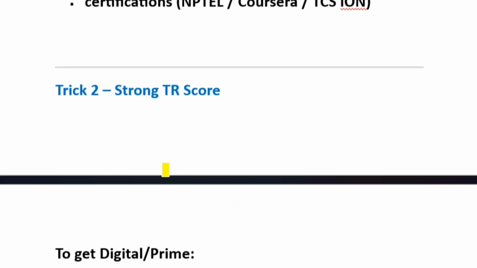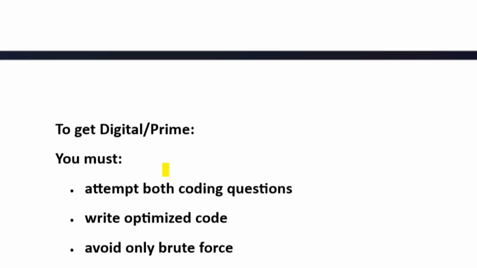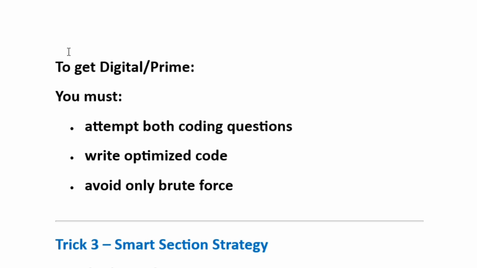The next trick is a strong test score. To get the Digital or Prime role, you must attempt both coding questions. If you are able to attempt only one coding question, you are still eligible, but it is recommended that you attempt both. You should pass all the test cases in at least one question.